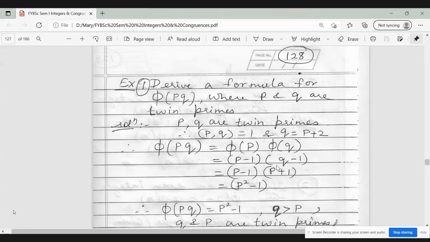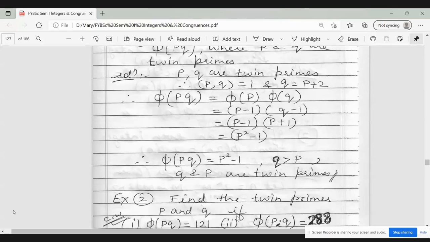So P plus 2 minus 1 is P plus 1, and I get P square minus 1. So this is our formula for twin primes. If you know two numbers are twin primes, then you can use this formula. So phi of PQ is P square minus 1, where P and Q are twin primes.